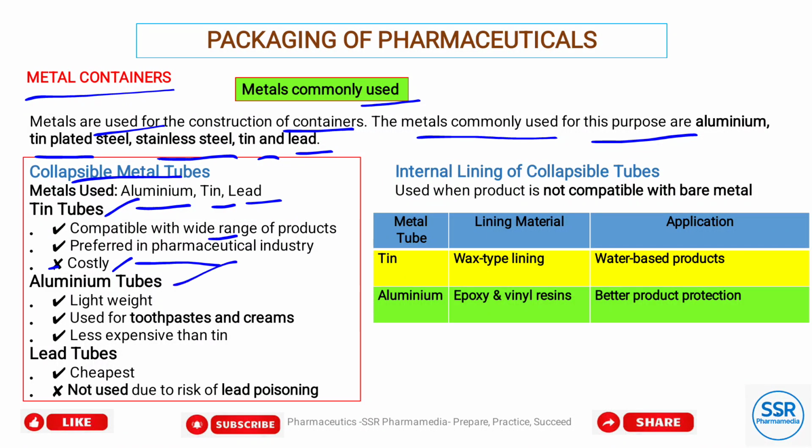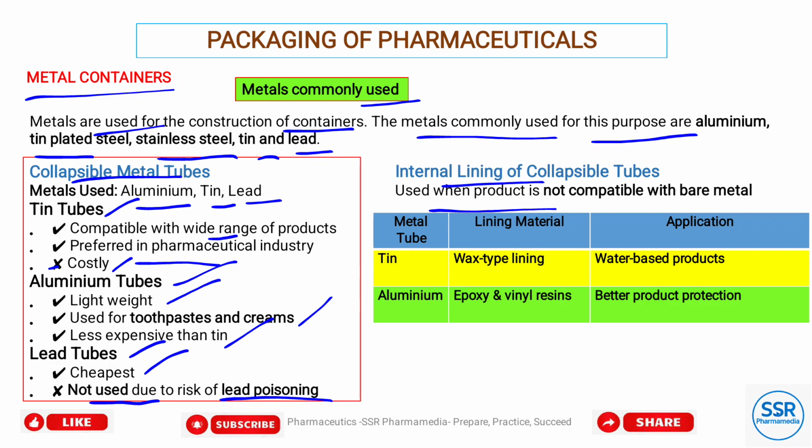Aluminum tubes are lightweight, used for toothpaste and creams, and less expensive than tin. Lead tubes are the cheapest metal but not used due to the risk of lead poisoning. An internal lining of collapsible tubes is used when the product is not compatible with bare metals.